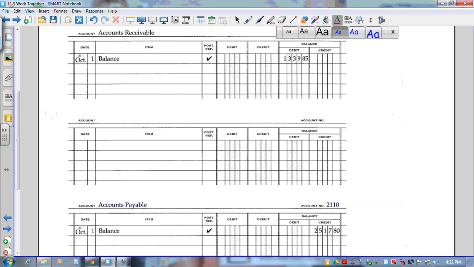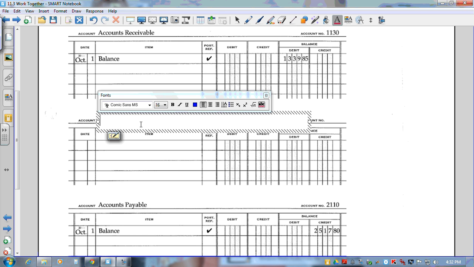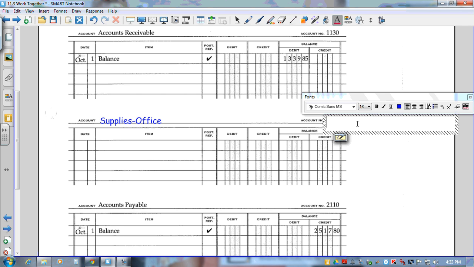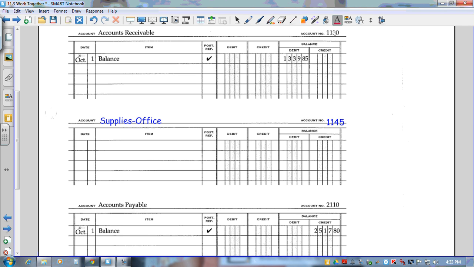We're going to put in the account name, which is going to be supplies-office. And we're going to have an account number, which the book tells us is account 1145.